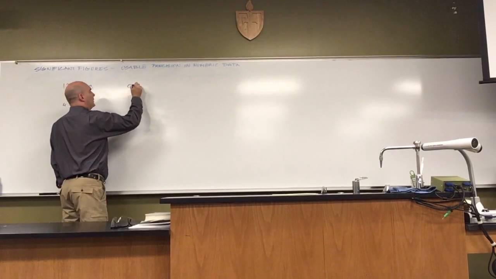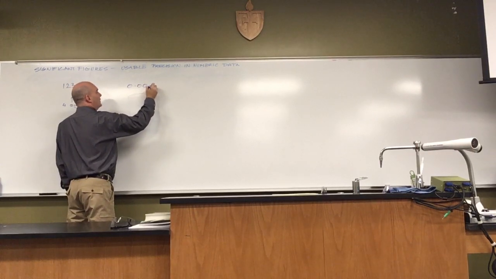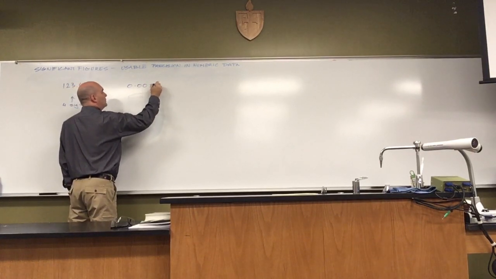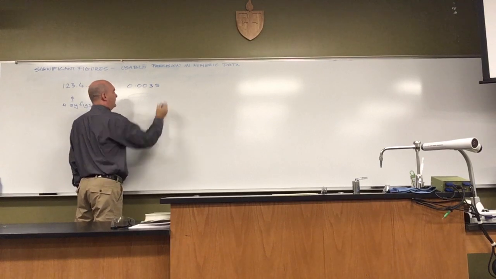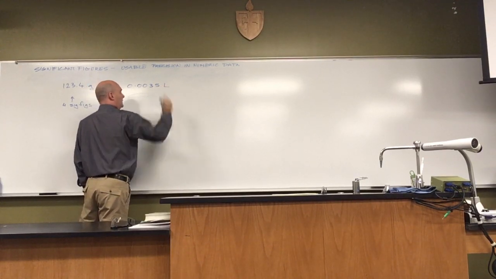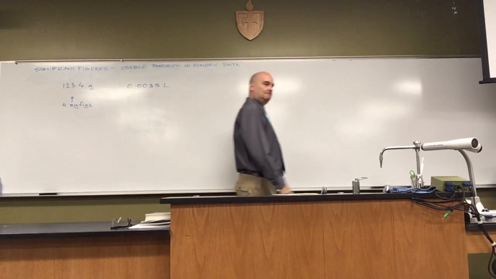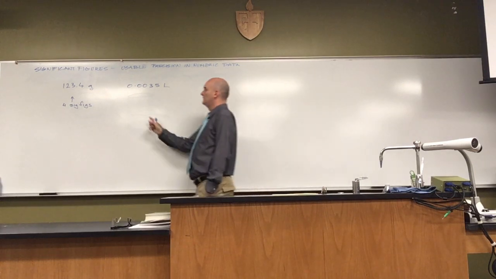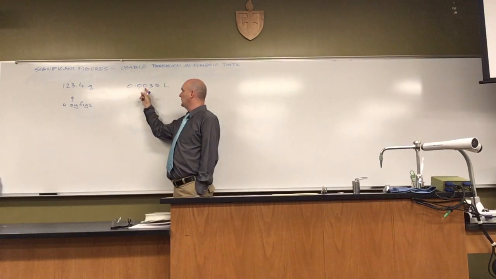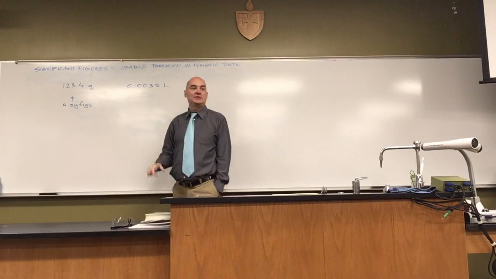If my number was 0.035 liters. Now this number has one, two, three, four, 5 digits in it.